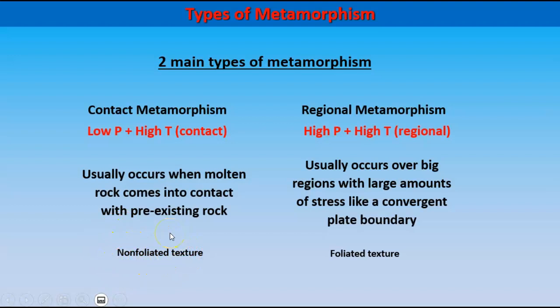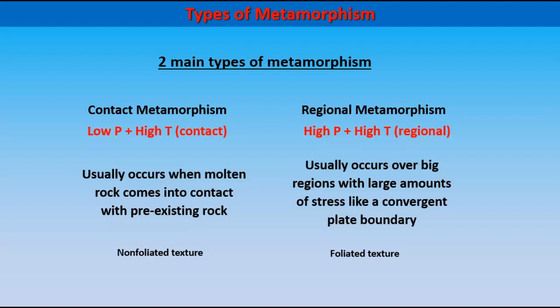So there's no aligning of crystals, no layering that you can visually see. The big driver here is the temperature. And so this is usually occurring where we have molten rock. We know it forms at depth, and it moves upward to the surface. And so this molten rock is incorporating other rock into the melt as it moves.